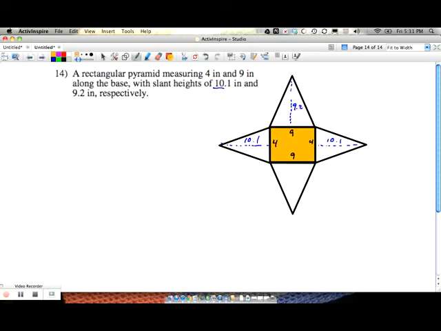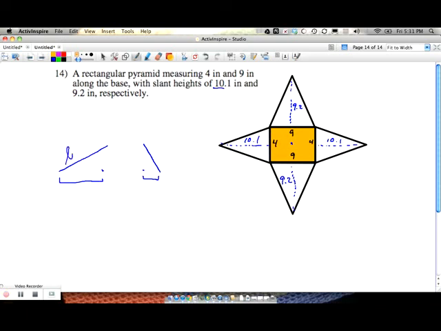Now you might be wondering, how do I know which ones were shorter than others? Because they look pretty much the same. Well, it's kind of an interesting way to think about it. It has to do with the Pythagorean theorem relationship and how far they are from the center of this base. If you think of one side of the pyramid as being further away from the center than the other side, see how this is a short distance from the center and a long distance from the center.